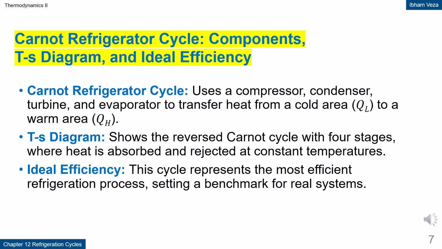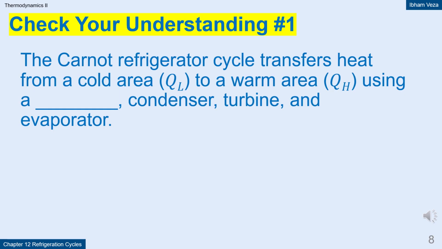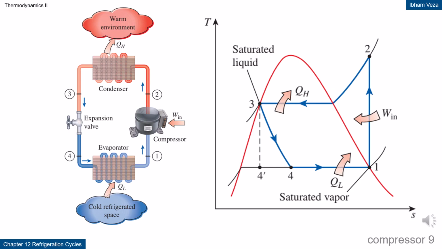In practice, this cycle is very difficult to implement. The Carnot refrigerator cycle transfers heat from a cold area, QL, to a warm area, QH, using a compressor, condenser, turbine, and evaporator.